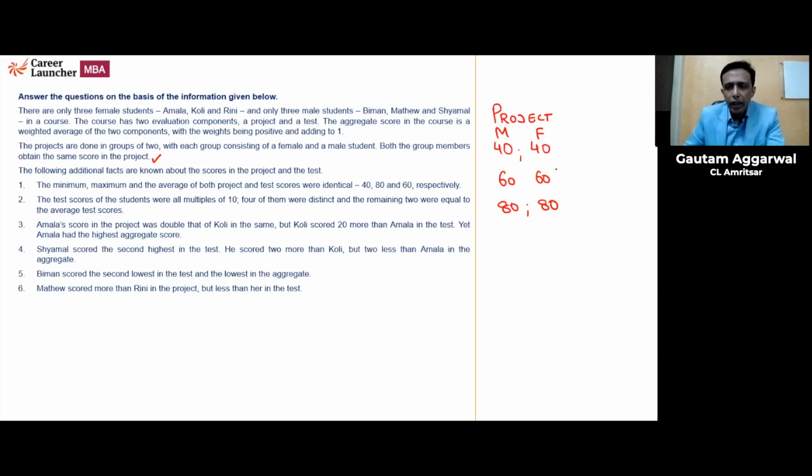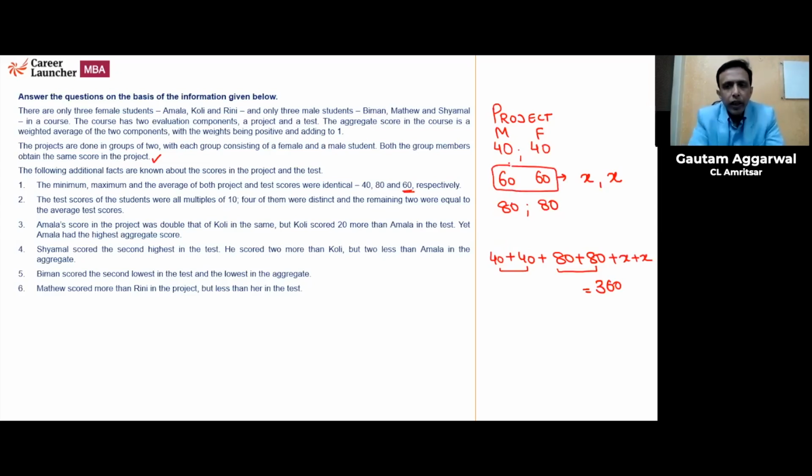We can assume this to be X and X. The total has to be 6 times 60, 360, with 2 of them scoring 40, 2 of them scoring 80, another 2 scoring X each, totaling 360. So 80 plus 160, 240. So X would again turn out to be 60. So that was critical to begin with.